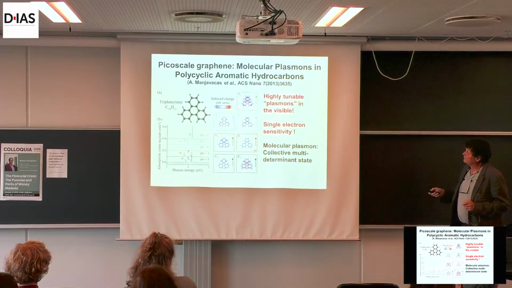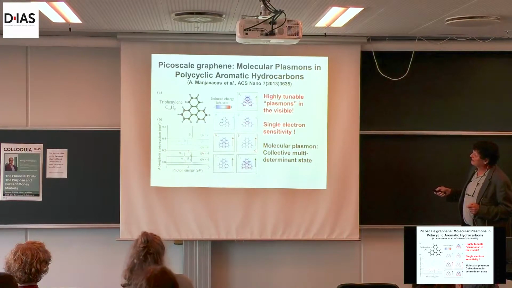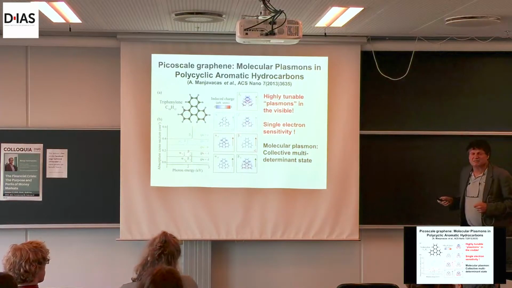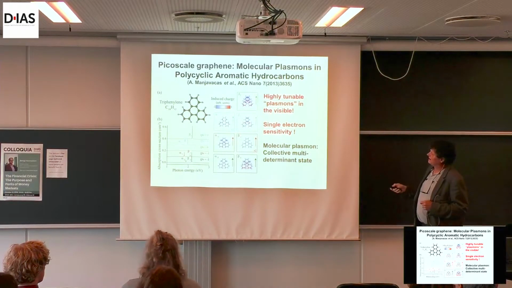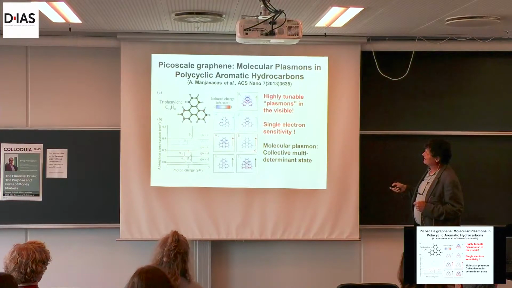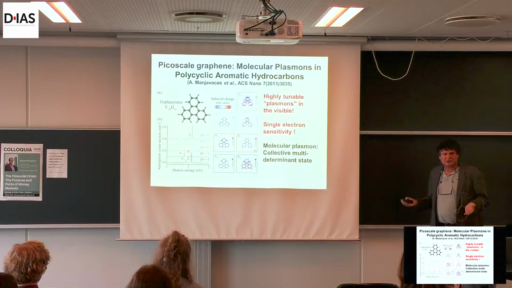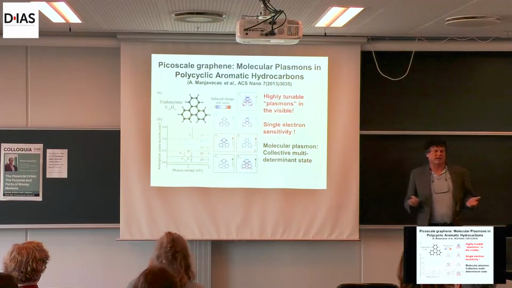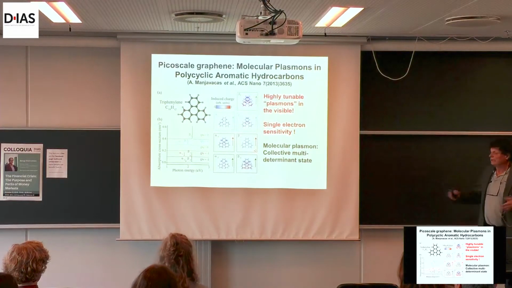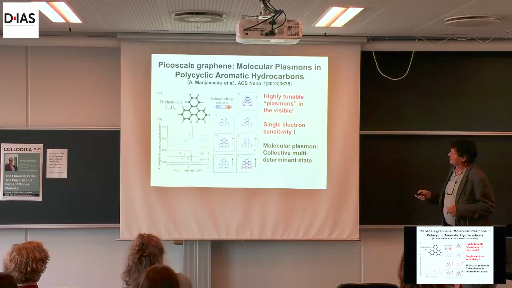In this paper, we took this ultra-small graphene. This would be like 4 benzene rings. To get it converging for a small system, we had to terminate with hydrogen. So this is picoscale graphene. It's also a chemical molecule known as a polycyclic aromatic hydrocarbon, and there are a large number of different such molecules.